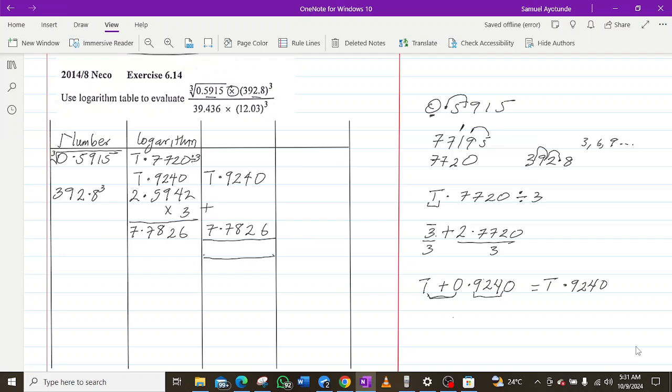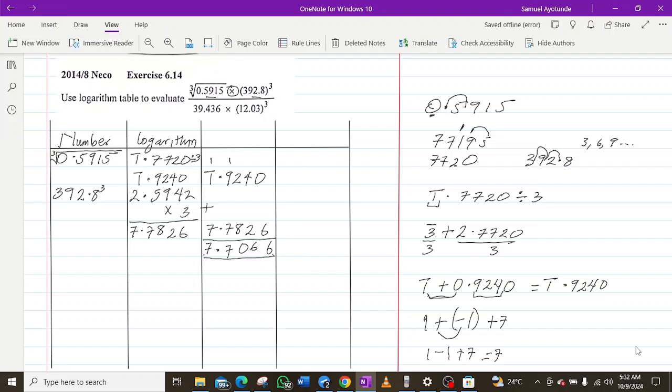So if we're adding this, 0 plus 6 is 6, 4 plus 2 is 6, 2 plus 8 is 10, remainder 1, 1 plus 9 plus 7 is 17, remainder 1. Then over there, the leftover will be added. So we have 1 plus minus 1 plus 7. Because we have two signs here following each other, I put this in a bracket. So this will multiply this. Plus times minus is minus, that is 1 minus 1 plus 7, which is equal to 7. So we have 7 here.